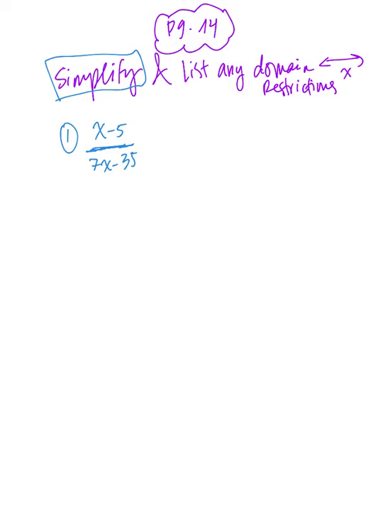The numerator is up top and the denominator is down below.